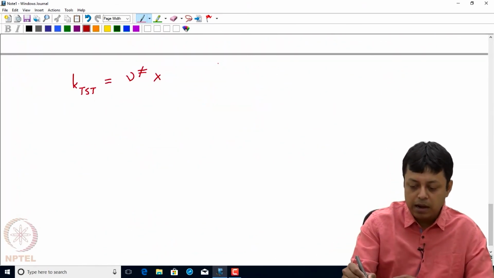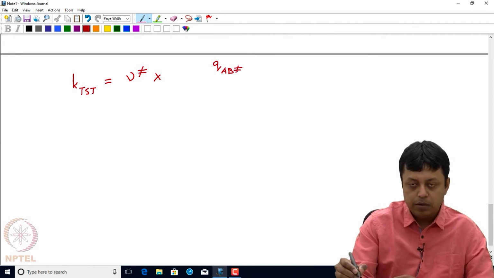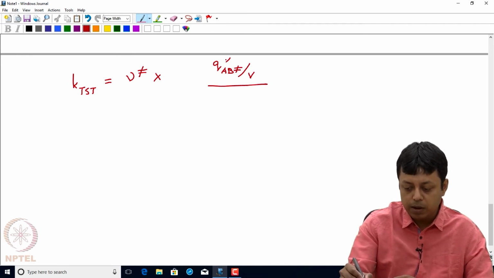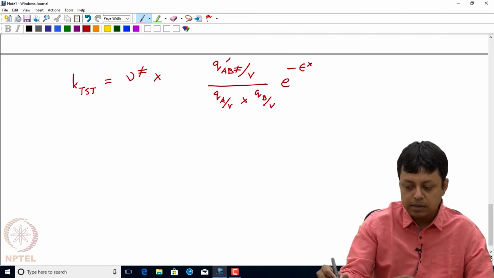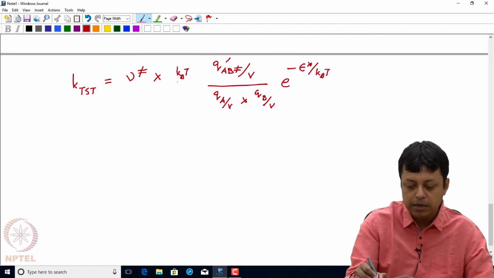So I had the partition function of the products, which is q dagger by V, but then we took out one particular degree of freedom. That's why I am putting the prime. For the reactants, we did not do anything. So it is q A by V, q B by V, these are all partition functions, times e to the power minus E star by kBT, and then for that extra degree of freedom we got the value kBT by h nu dagger.